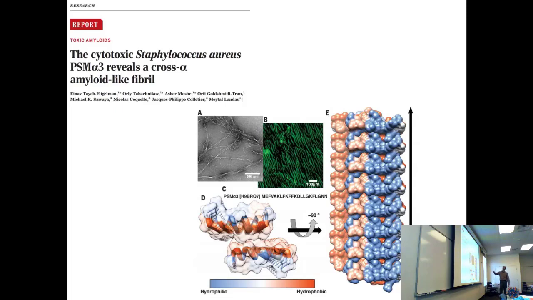I guess under this case, probably Staphylococcus aureus wants to kill the other cells. So from its perspective, it wants to make an amyloid fibril. So weird evolutionary pressures in this case, but you have hydrophilic is blue, hydrophobic is red. Notice how you just have helices that have a hydrophobic side and a hydrophilic side, and it builds out a fibril based from that.